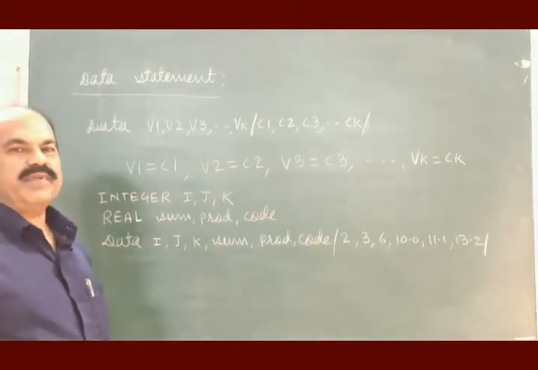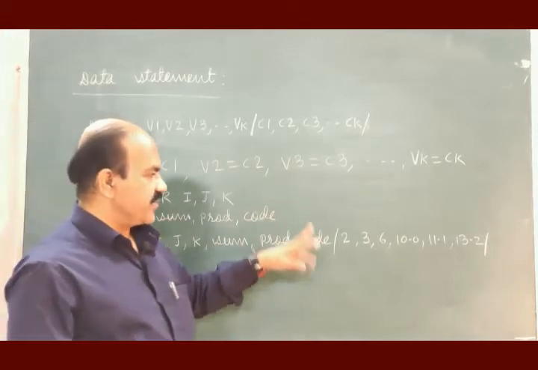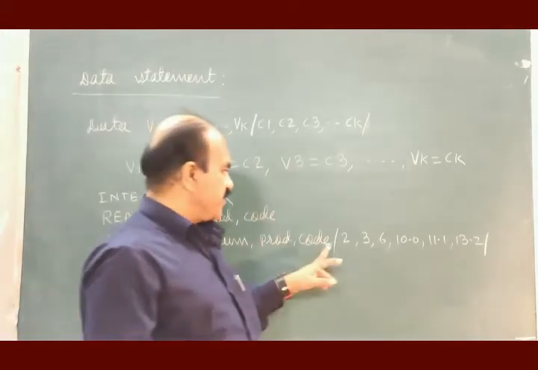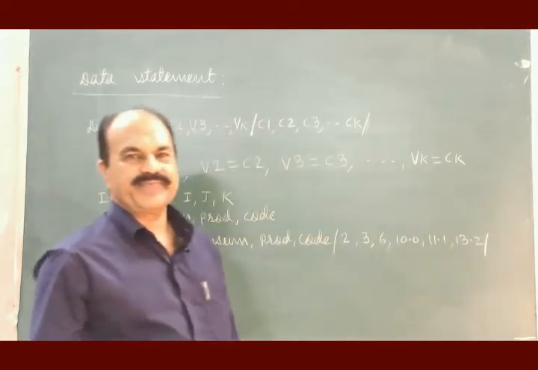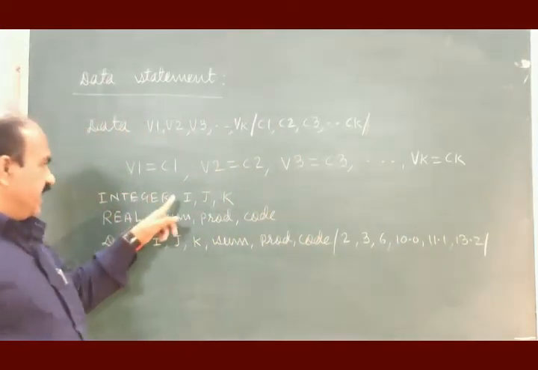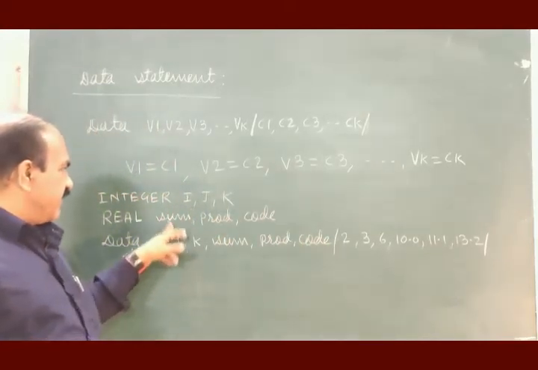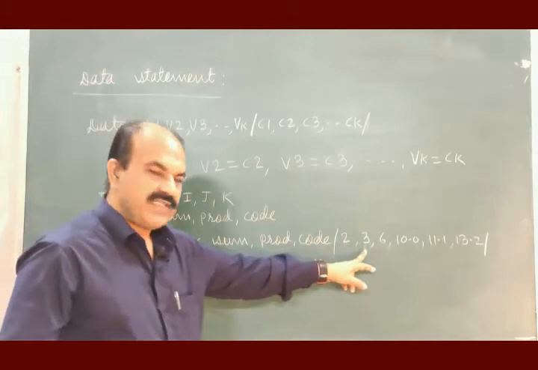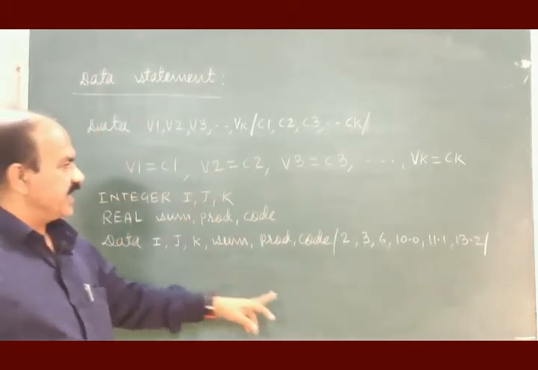let us see this example. How many variables? 1, 2, 3, 4, 5, 6. How many constants? 1, 2, 3, 4, 5, 6. First variable, integer type. First constant, integer. Second variable, integer type. Second constant, integer. Third variable, integer type.